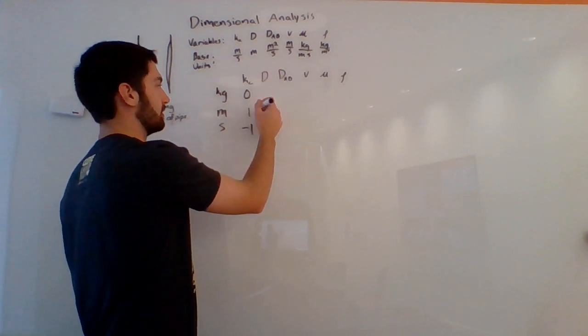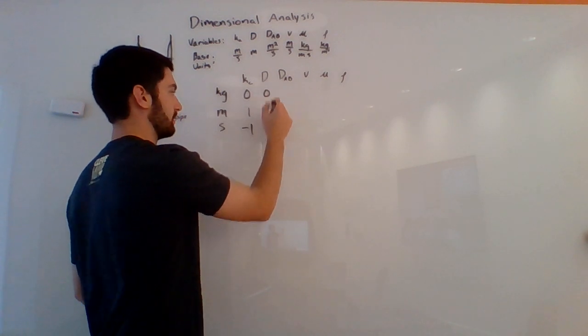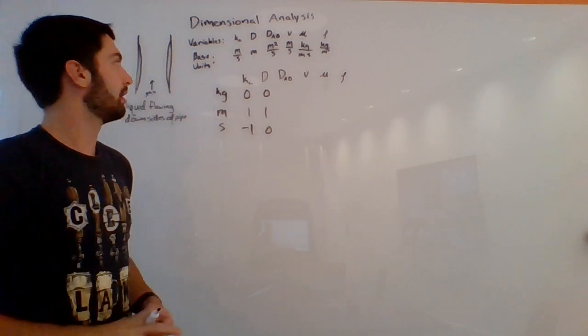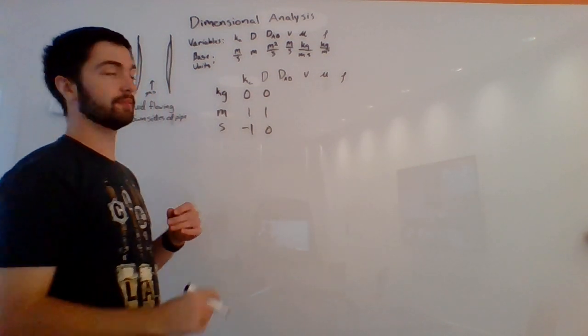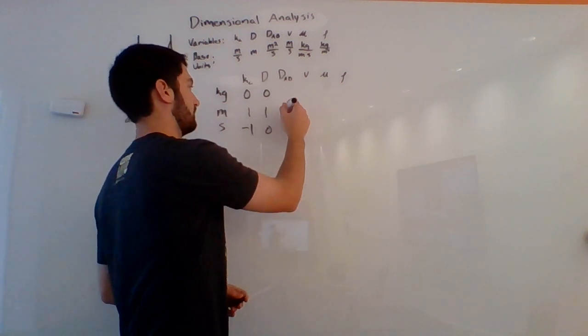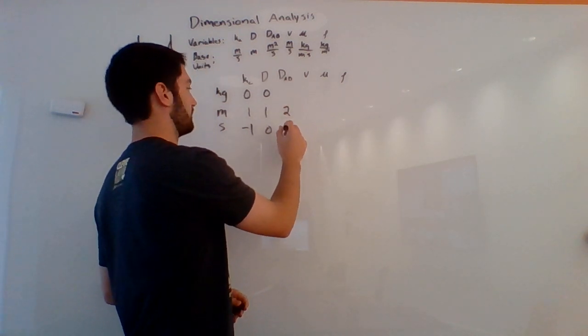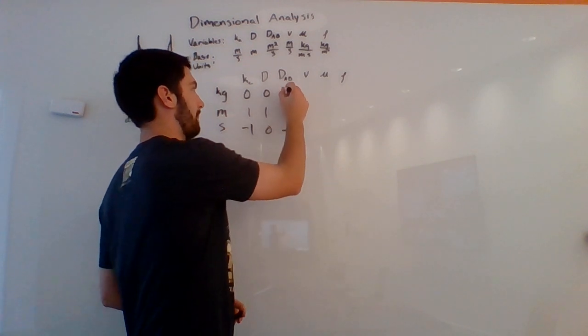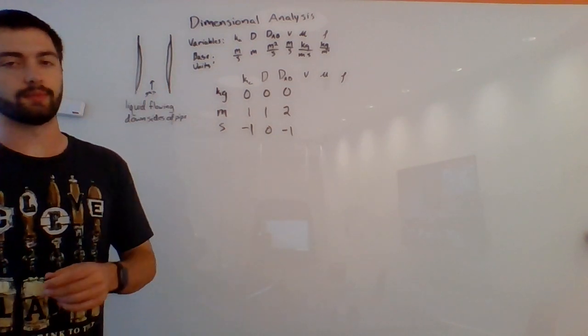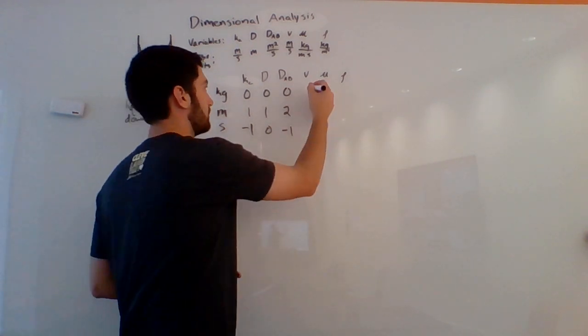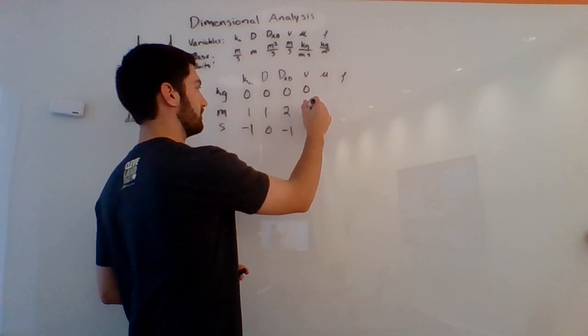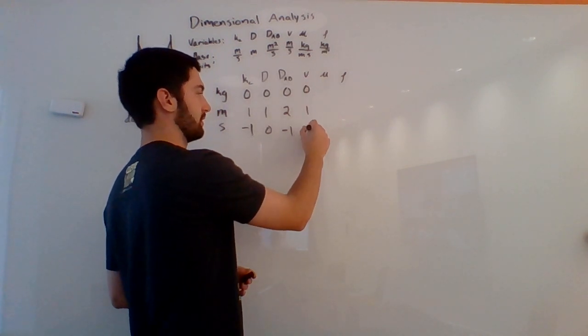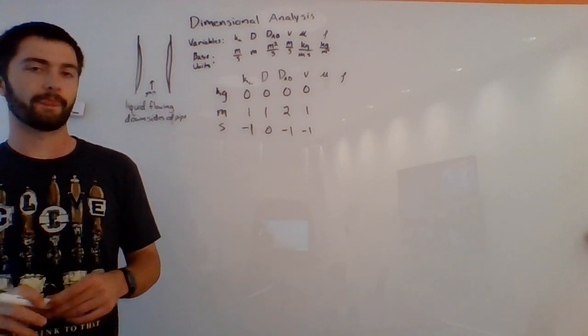So pipe diameter is just meters, so that means this is 0 and that is 0. Mass diffusivity is meters squared per second, so this is a 2, and second is a -1. Velocity is meters per second, so we have no kilograms, meters to the first power, and second to the -1st power.